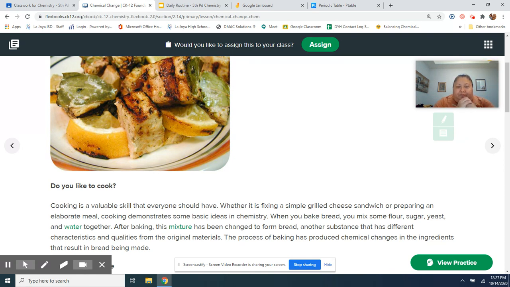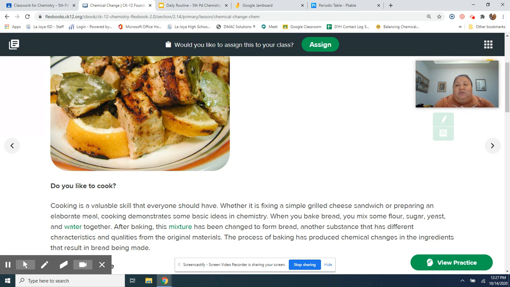Now, once you prepare your mixture and you put it in a pan and then you put it in the oven, that's when the chemical change starts to happen. Okay. When you add that heat, you are chemically changing all of those ingredients into this nice, fluffy, tasty bread, right?